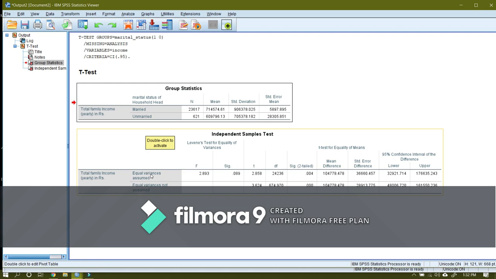In order to look at this, we will have to check the F stat, which is 2.893, and here is the probability value or the significance value of this F test. So here the null hypothesis is that the variances of the two groups, that is the married and unmarried, are homogeneous, and the alternative would be that they are not homogeneous.